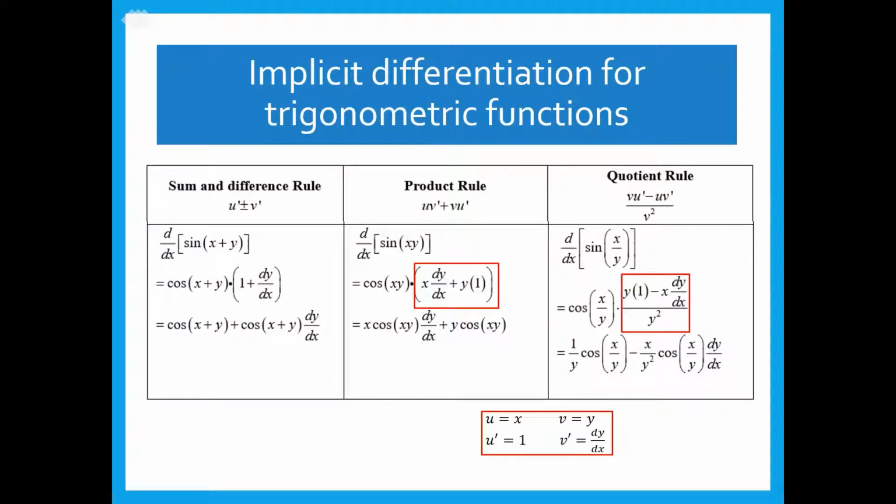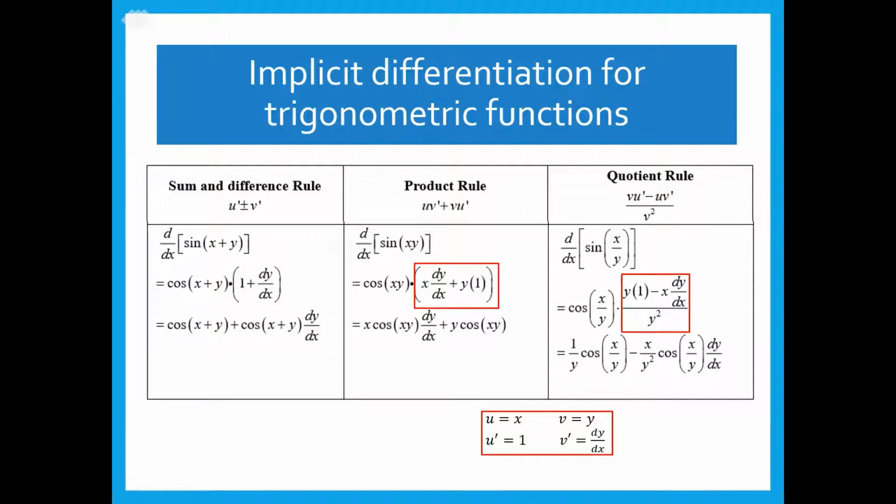These are the examples on how to do implicit differentiation for the trigonometric function. Differentiate sine x plus y using sum and difference rule. The answer is cos x plus y plus cos x plus y dy over dx. Differentiate sine xy using product rule.